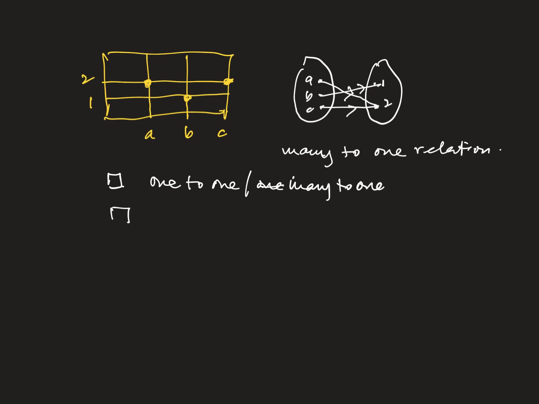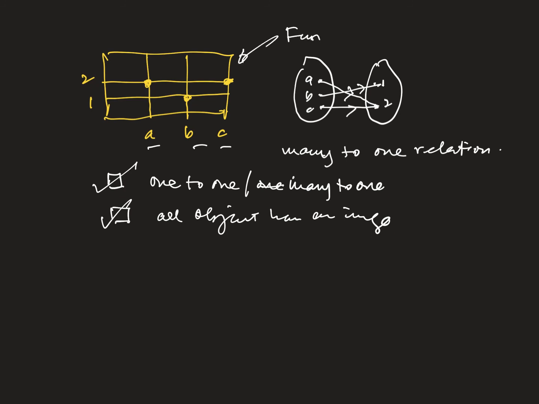And the second condition it must fulfill is all objects have an image. It is many to 1, so the first condition is fulfilled, and you can see that all the objects here have an image. So since it fulfills both conditions, this relation is a function.